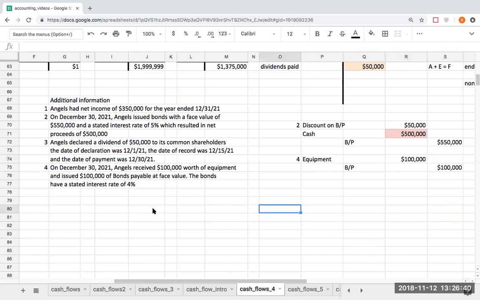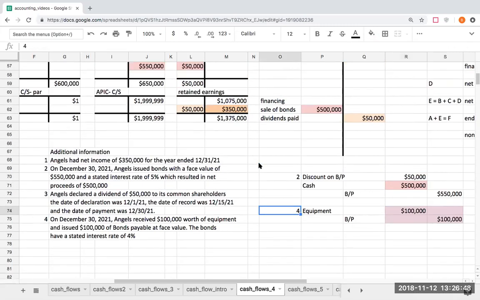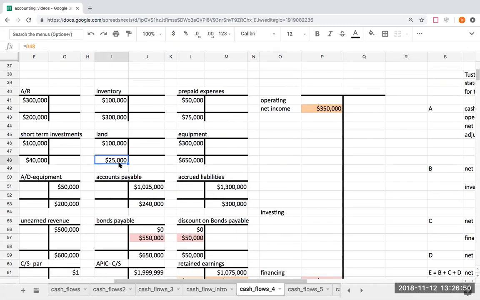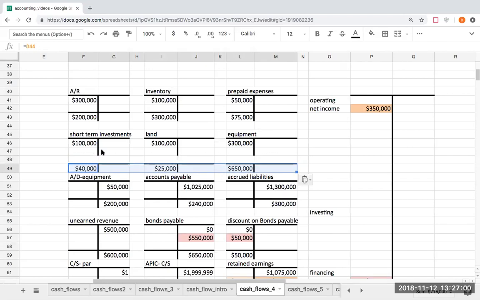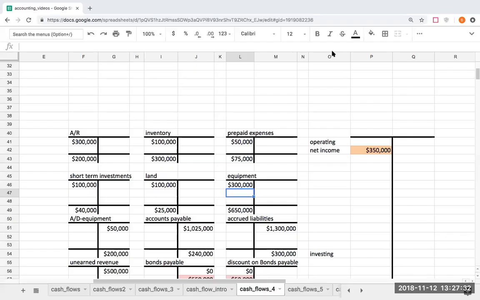The first thing I'm going to do is post this into my T accounts. So I'm going to go up here. I'm going to say equipment. And I'm going to make myself some more room. Okay, and we're back.